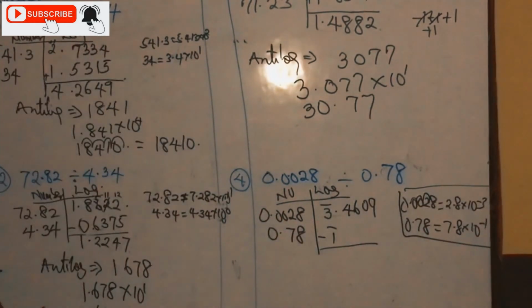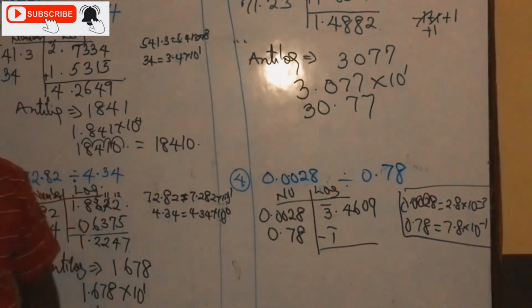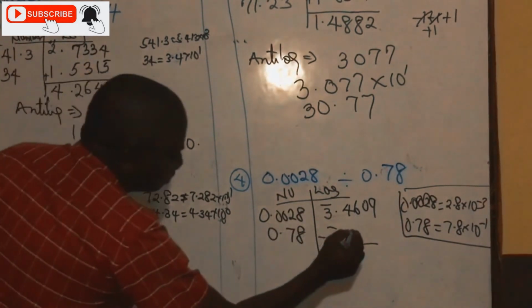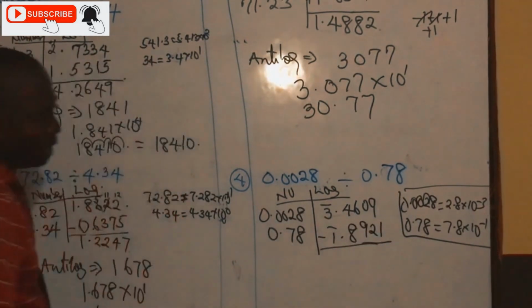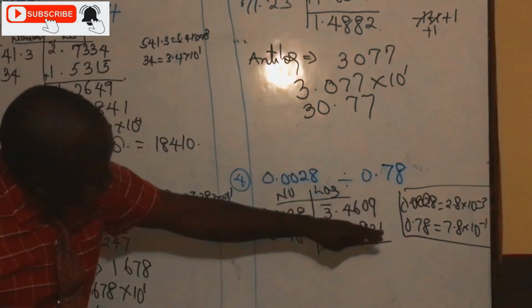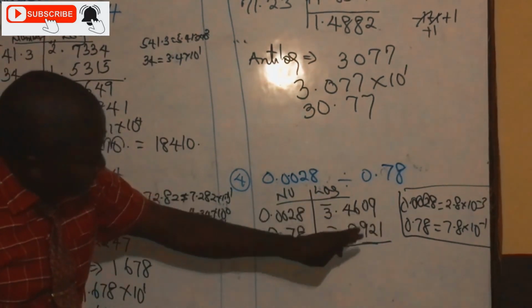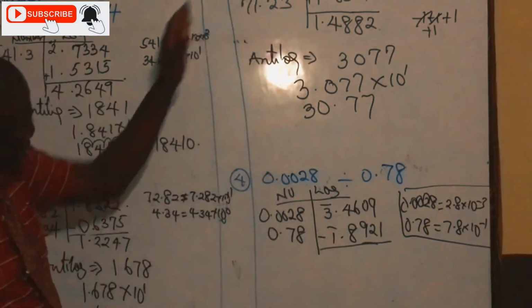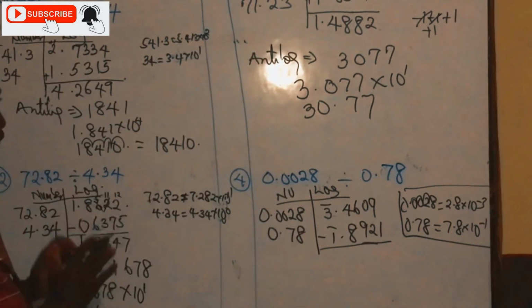So 78 under 0 is 8921. We have to set the numbers in order: 1 under 9, 2 under 0, 9 under 6, 8 under 4. Ditto to the other problem, we have to arrange it in order.